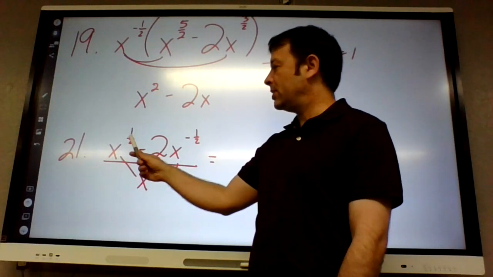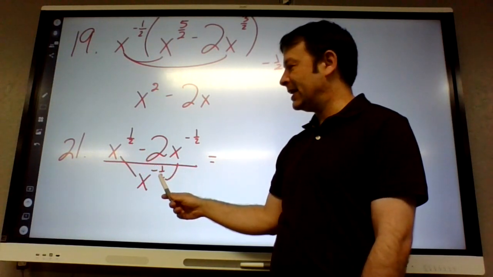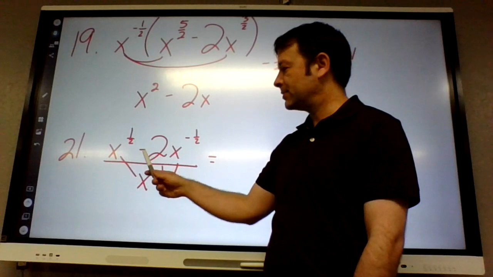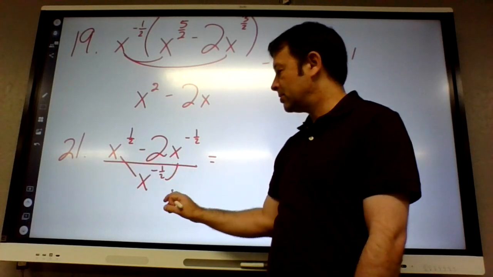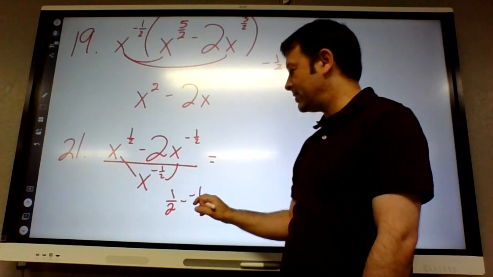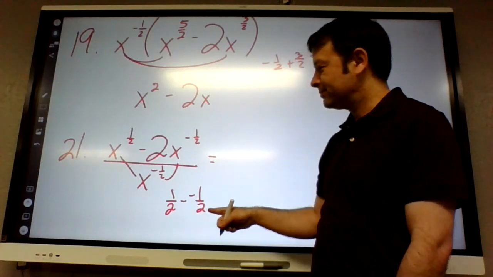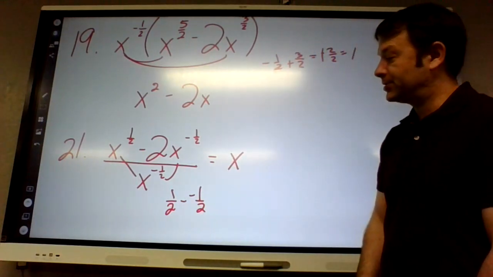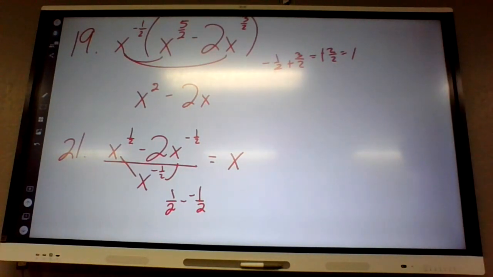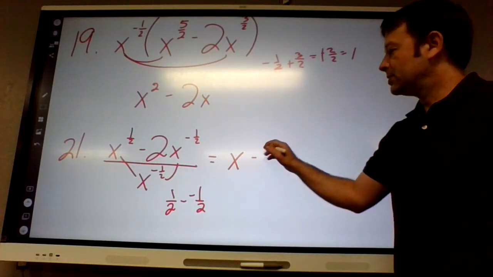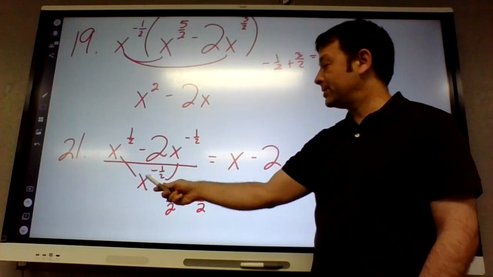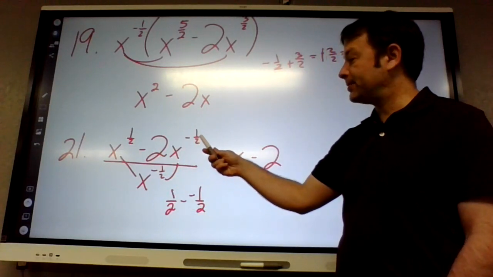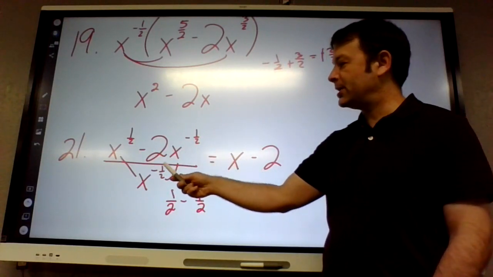So this would be 1/2 minus -1/2 for this first term. So what's 1/2 minus -1/2? 1. So the first term is going to turn into x to the 1, or just x. Second term, the -2 is not really touched, but it's kind of the same thing. What's -1/2 minus -1/2?